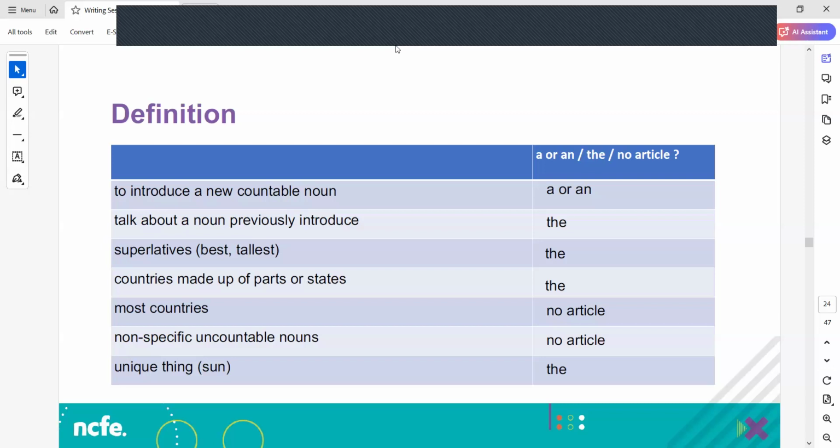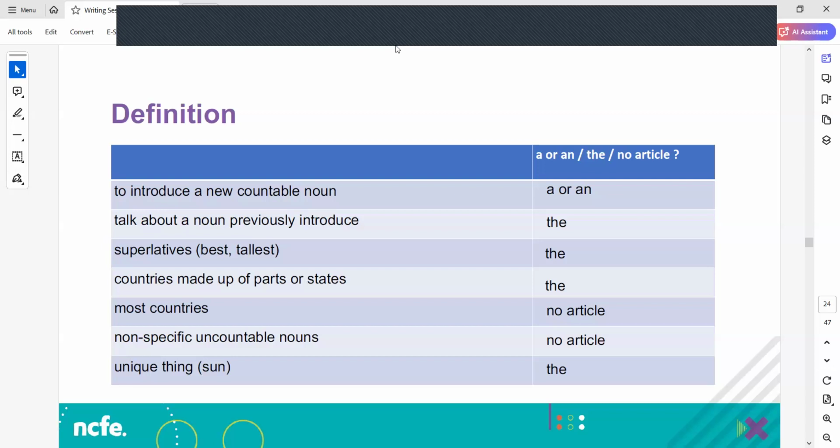To talk about a noun that we've previously introduced, we would use the. So I'm going to bring a chair into the room. The chair will go next to the sofa. So we introduced it with a, but then we used the chair because we're talking now about the specific one.